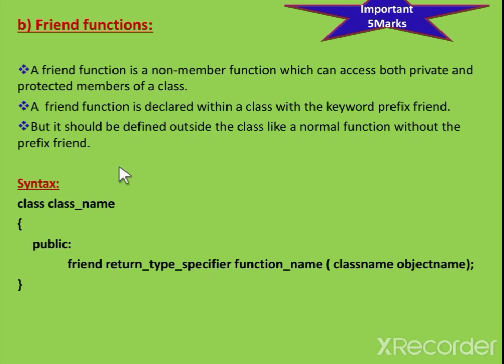Okay, this is the syntax. To understand this concept clearly, I will give some examples for friend function. See, you are a function and you have some private items on you. If you have a friend, that is considered as a friend function. Your friend will have access to those items.